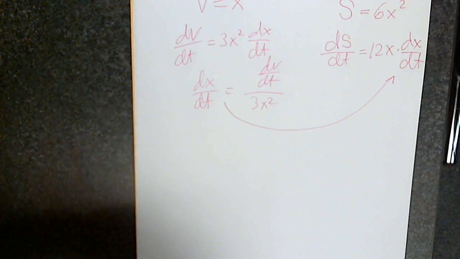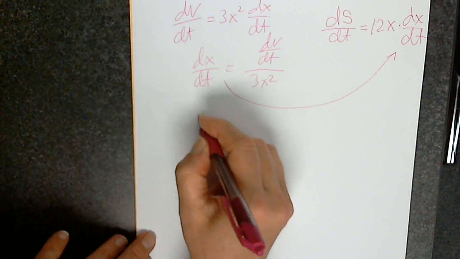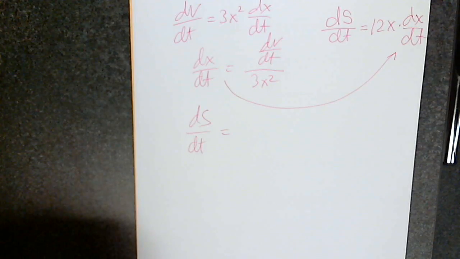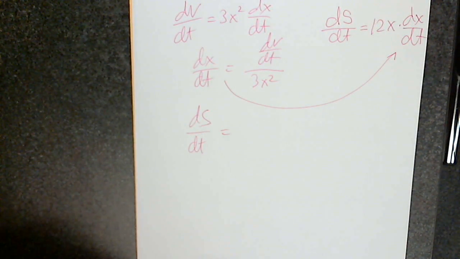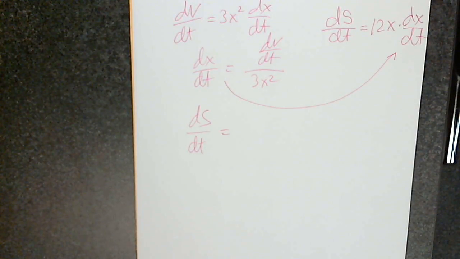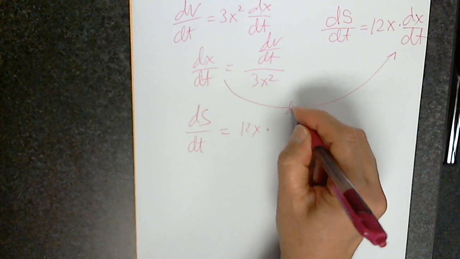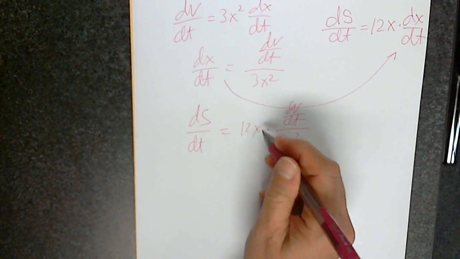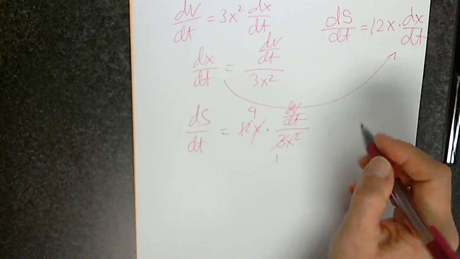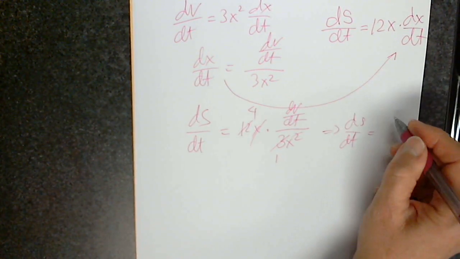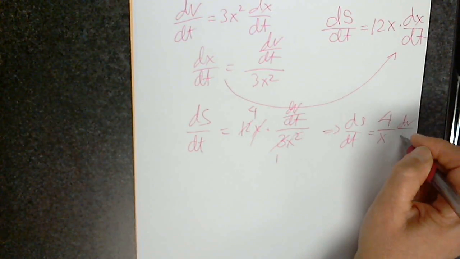And please plug it in, and write dS/dt equals. At what point do we put our numbers in?